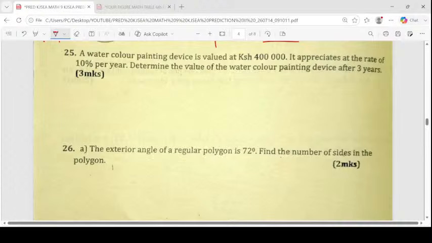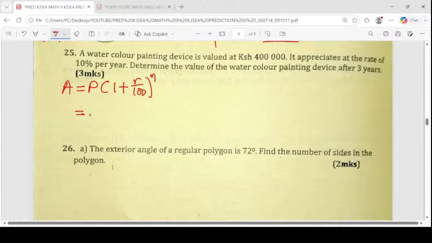After 3 years. When you look at that particular question, how do we get the value as it is appreciating? We are going to use the formula: amount is equal to P into 1 plus R over 100 to the power of N, to calculate the final value after it has appreciated.